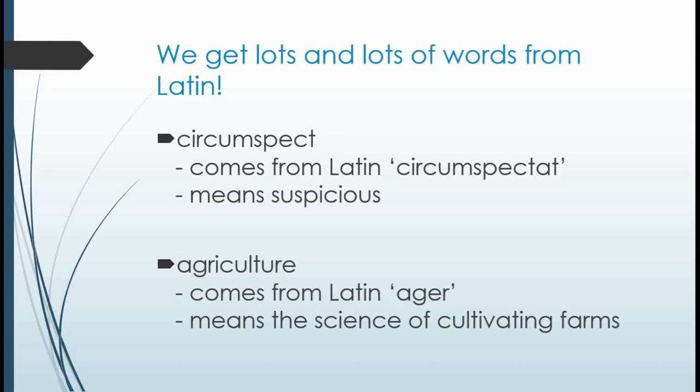Hopefully you can see then how we get some words that travel down to us through the ages directly from Latin into English, which can make learning vocabulary a lot easier when there is a derivative that we can learn.